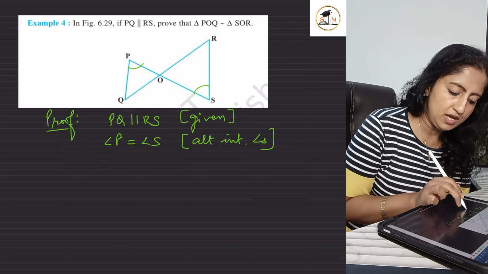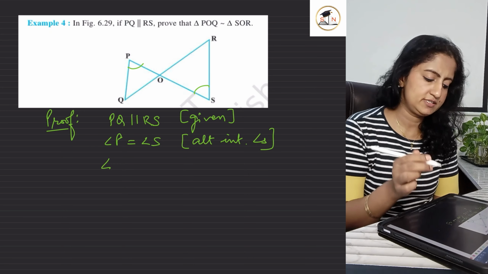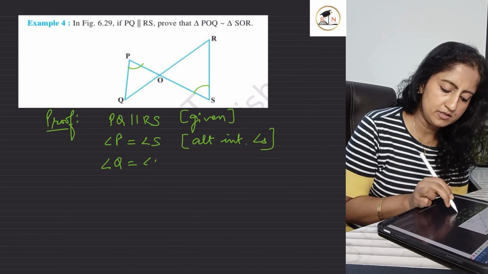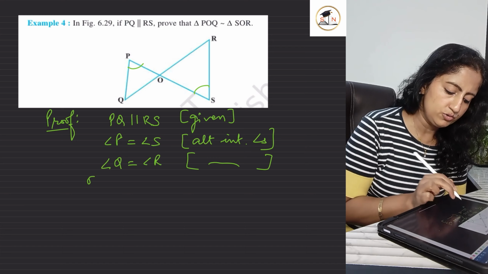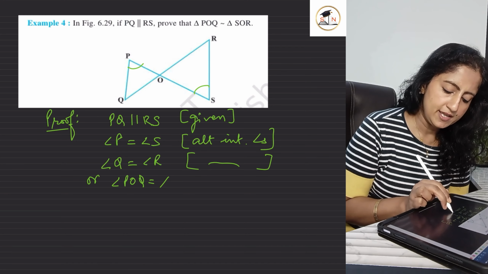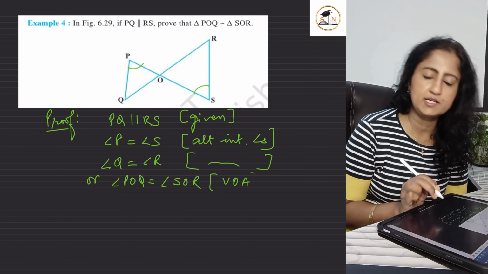Now, angle P is equal to angle S. Then we also have, here you have a lot of flexibility. See what you can write. You can write angle Q is equal to angle R. The same reason will come, right? Or you can also write angle POQ equals angle SOR. The reason is going to be vertically opposite angles.